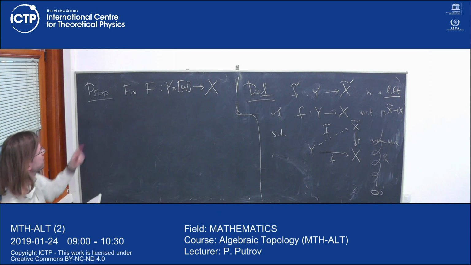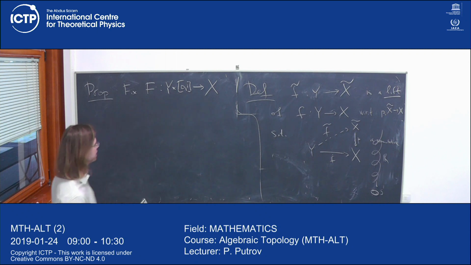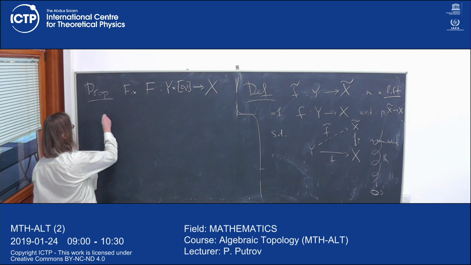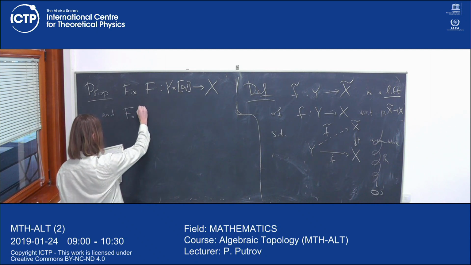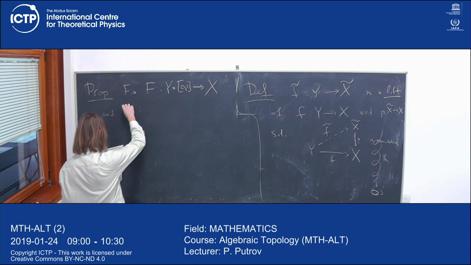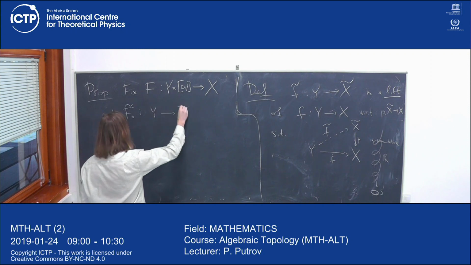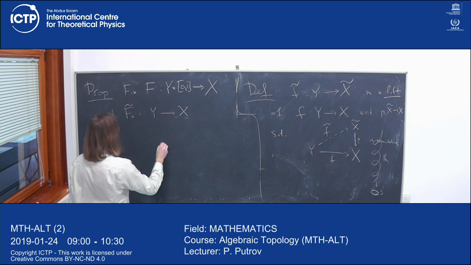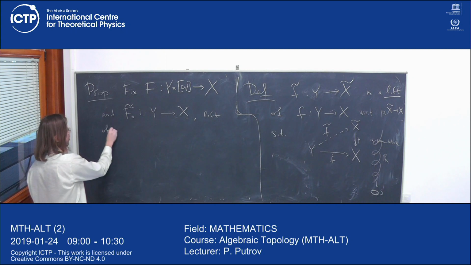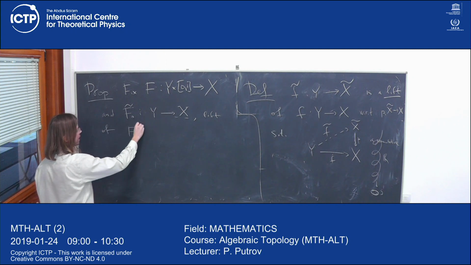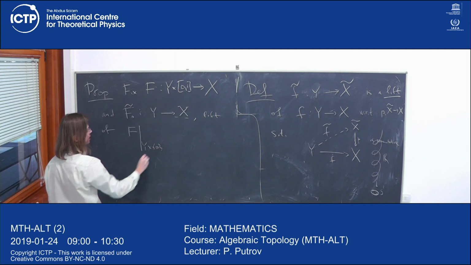So, okay, where we were. We fix this map from Y. So we consider the map f from Y times interval to X, and fix another map f tilde 0, which is a map from Y to X, which is the lift of f, the original f, restricted to Y times 0.